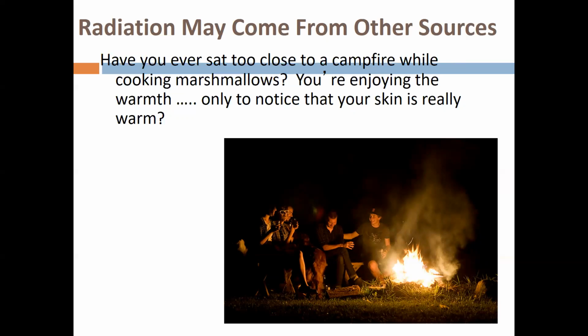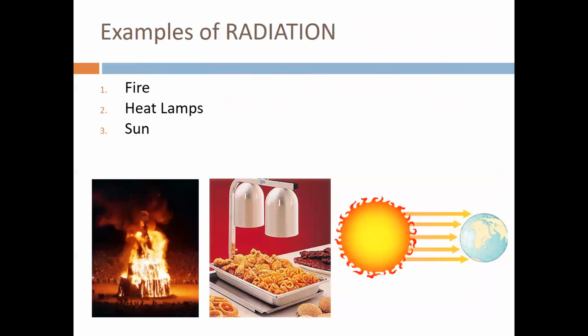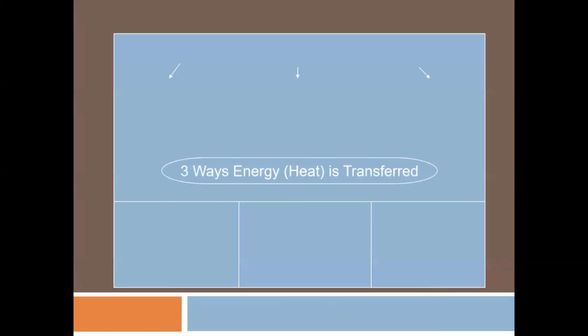I would cook it more by convection, because I'm going to stick my marshmallow in the fire, but you can hold it above the fire and it'll cook by radiation. So examples of radiation are typically anything with light.